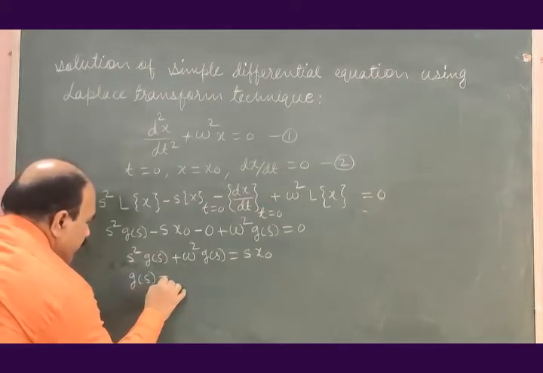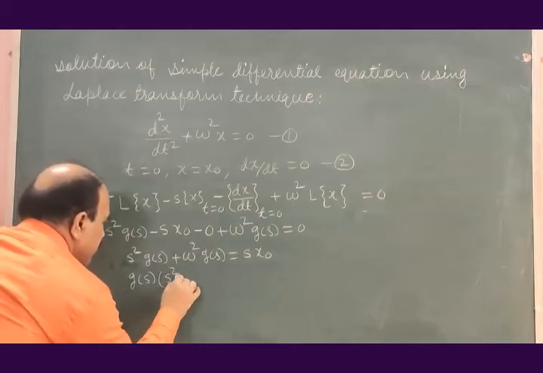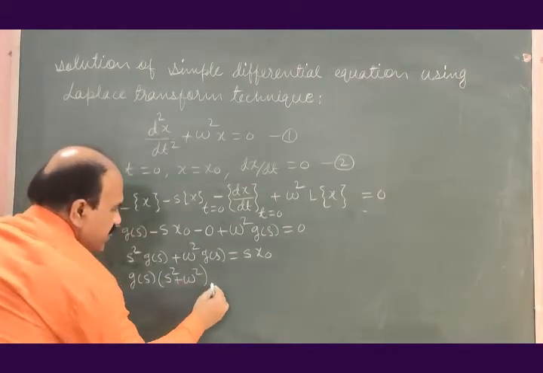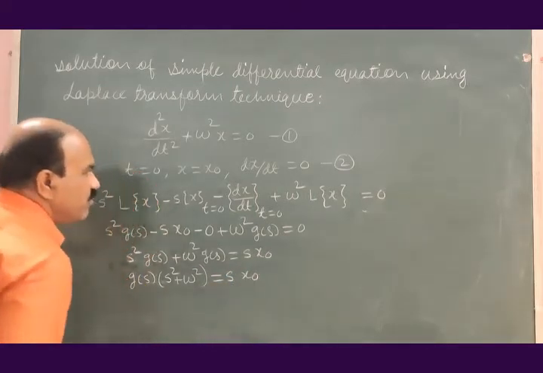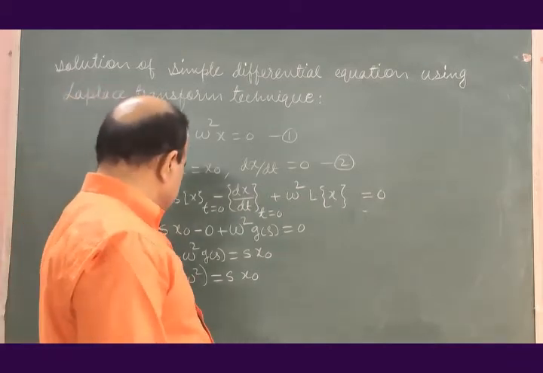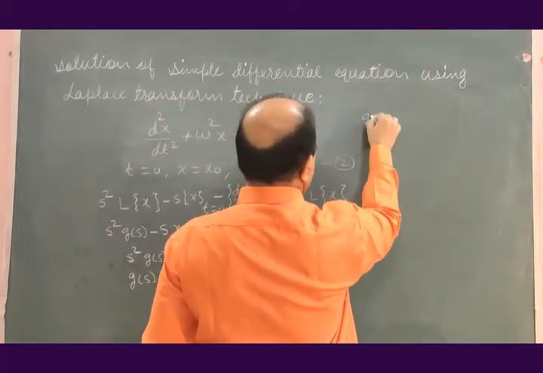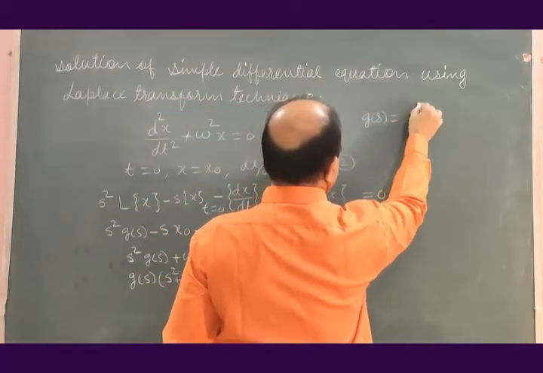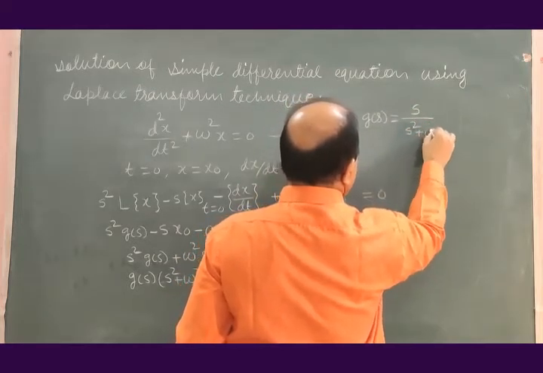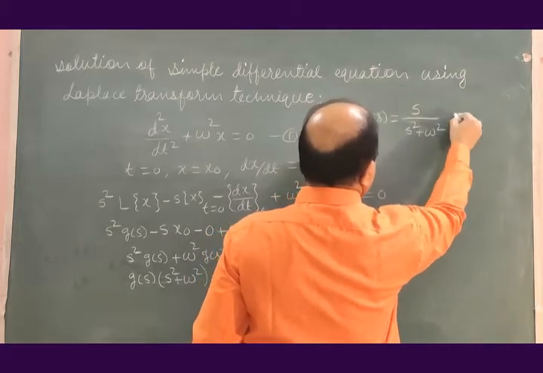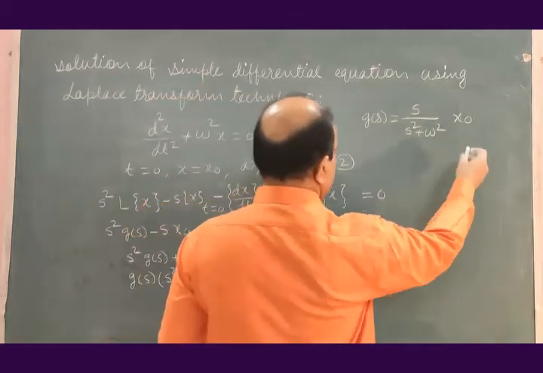When g of s is taken common, what is left is s square plus omega square. This is equal to s into x0. Transfer this bracket to this side to get g of s is equal to s divided by s square plus omega square into x0. Equation number 3.